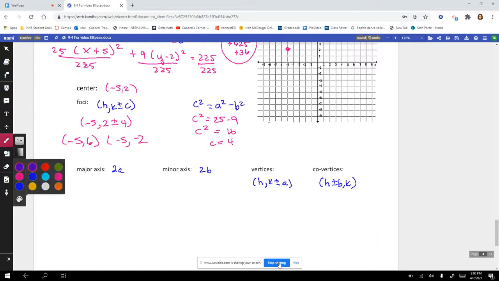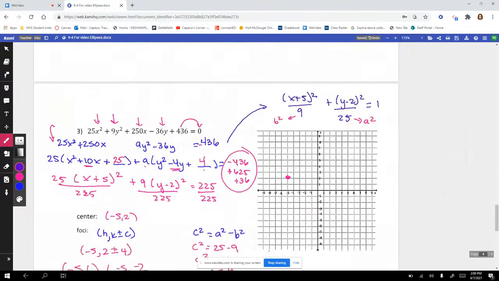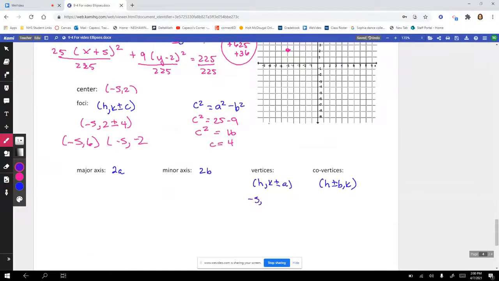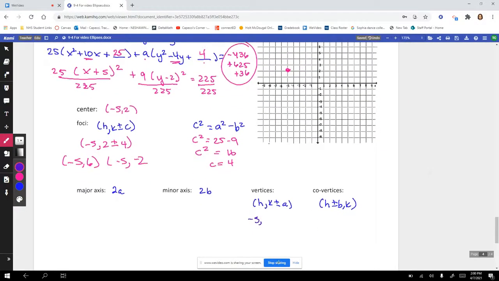All right, let's take a look at our vertices here. So I have negative 5, comma, and did we find our a and b yet? I can't remember. Let's take a look. So no, we have a squared. Write this down here. A squared is equal to 25. So a is equal to 5, and we have b squared is equal to 9, so b is equal to 3.